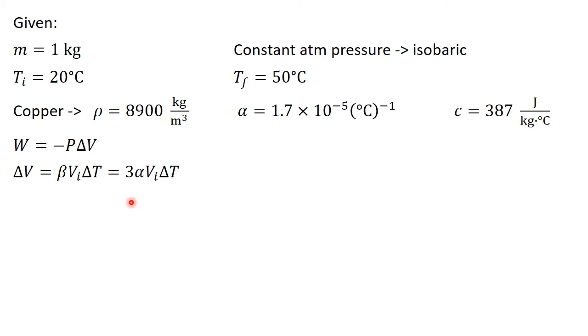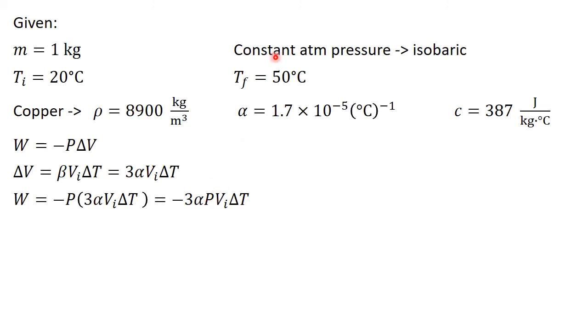So since ito yung formula ko, and change in volume yan parehas, pwede kong palitan ngayon yung formula ko ng work done into negative P times the change in volume in terms of its linear expansion na 3 alpha times Vi times delta T. Or, simplifying, we have negative 3 alpha times P times Vi, initial volume, times delta T. Alpha, no problem, given.